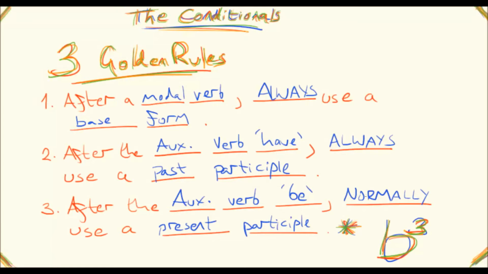And once again, why is it normally? Well, it's normally a present participle because we can also follow the auxiliary verb to be with a past participle. That's what this B3 symbol is all about down here, and that creates what kind of structure? That creates a passive voice. So that's why I say normally there.